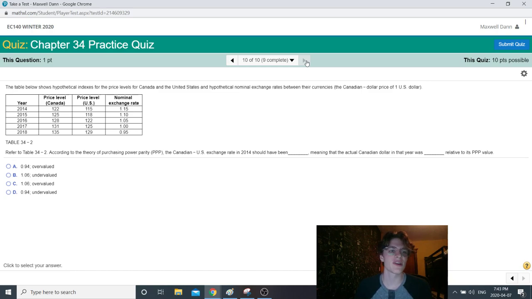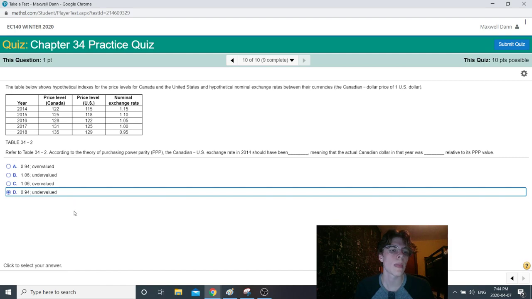This one, okay, we haven't done this. According to the PPP, the Canadian-US exchange rate in 2014 should have been... Price level in Canada is this, price level in US is this. I believe it's this one.